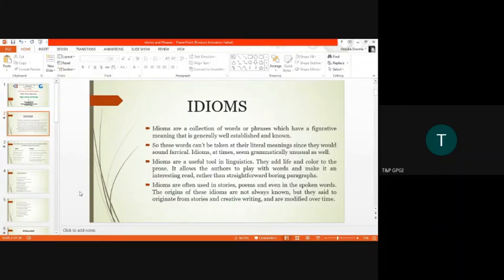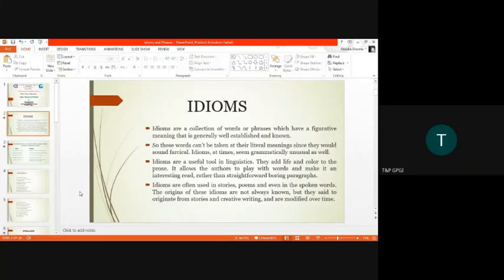They add life and color to your sentences and your conversation. Authors use idioms a lot while writing their novels, books, or blogs. Authors like to play with words.